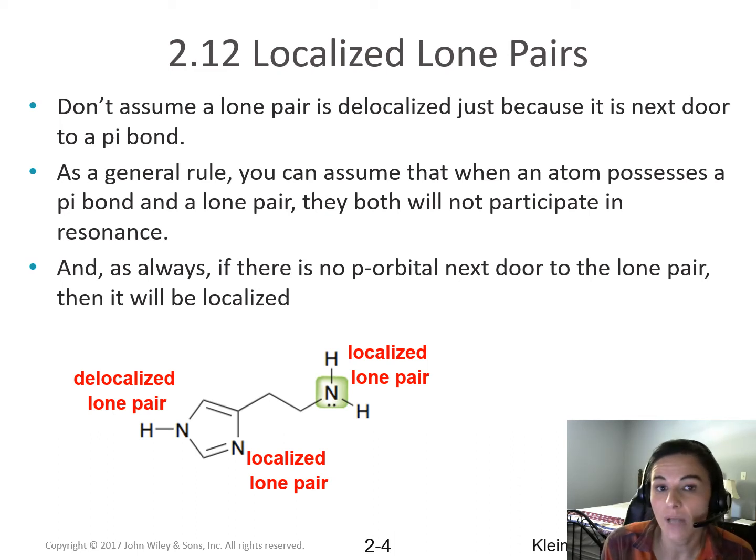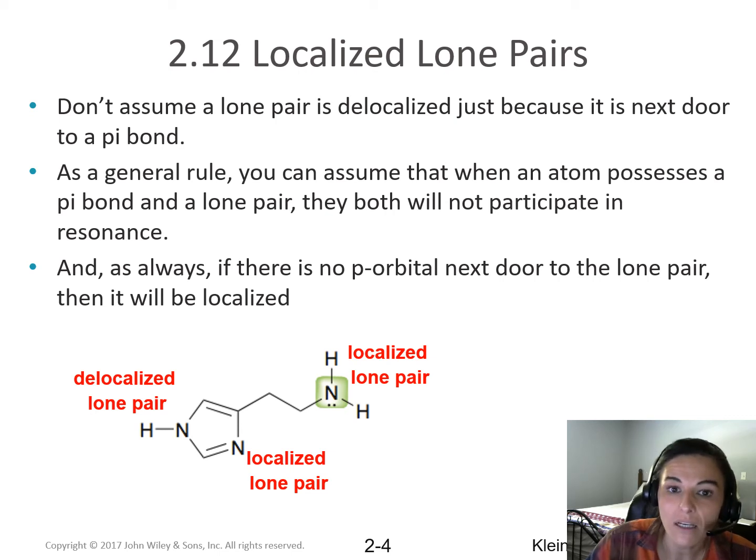Pi bonds do not count in assessing the steric number. The second thing, the lone pair must be next to a p orbital, so that's a carbon with a positive charge or a carbon that's sp2 hybridized. These two things must both be true in order for you to have a delocalized lone pair.